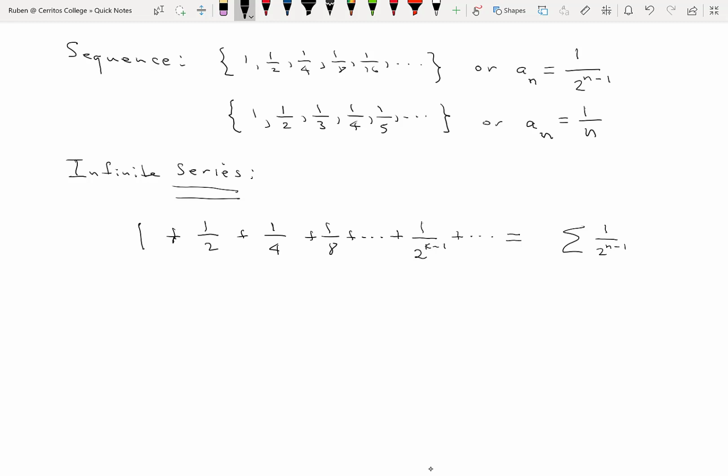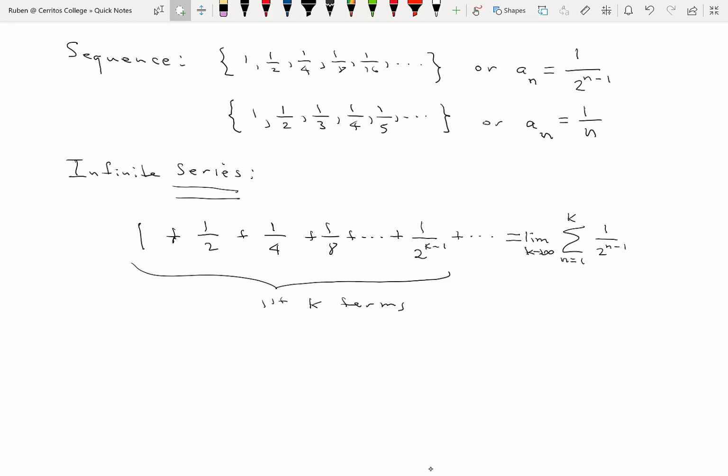So summing up the terms in the sequence as n ranges from 1 and stopping at k, that would give us the sum of the first k terms, and stopping there, and then taking the limit of that sum as k approaches infinity.